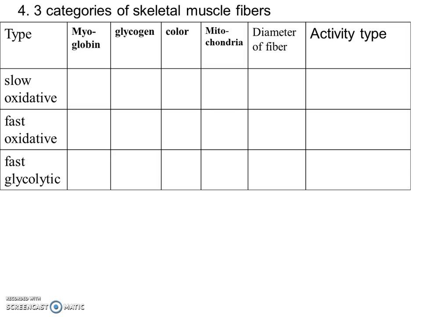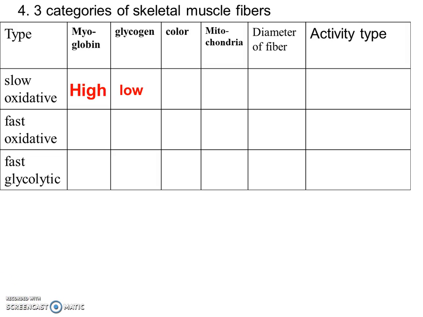into three categories: slow oxidative, fast oxidative, fast glycolytic. If I'm a slow oxidative, that means that I'm going to have oxygen. So my myoglobin that holds on to oxygen is going to be high. I'm going to be using glycogen, glucose in the glycogen.